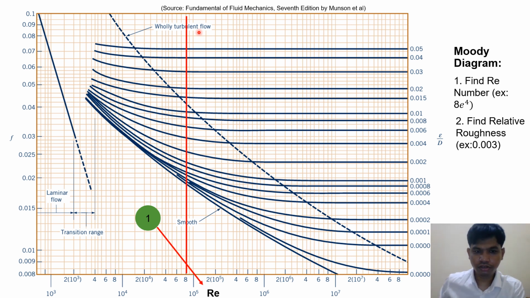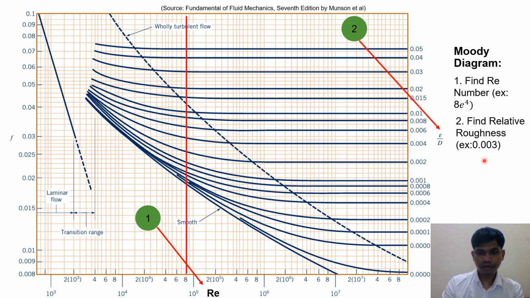The second step that we need to do to find the friction factor using the Moody diagram is to find the relative roughness. The relative roughness is the roughness of the pipe divided by the diameter of the pipe. In this case, we have a relative roughness of 0.003. It's an example first.